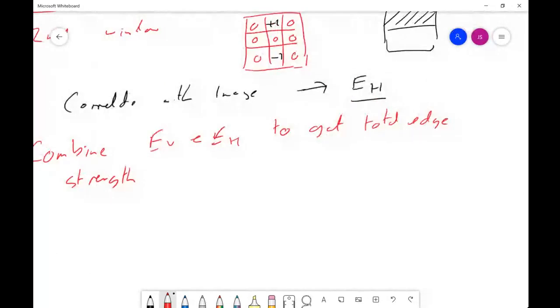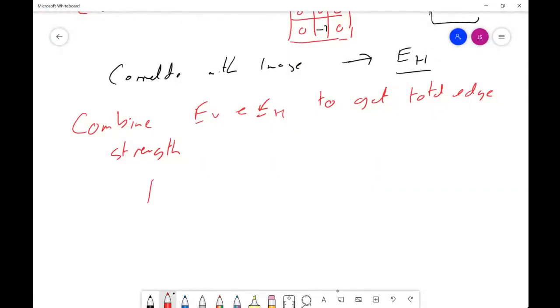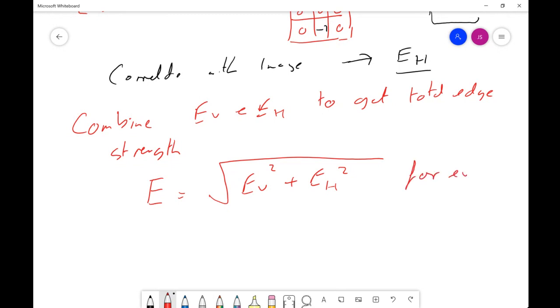They both have the same effect. E, the total edge strength, is equal to the square root of EV squared plus EH squared for every pixel.